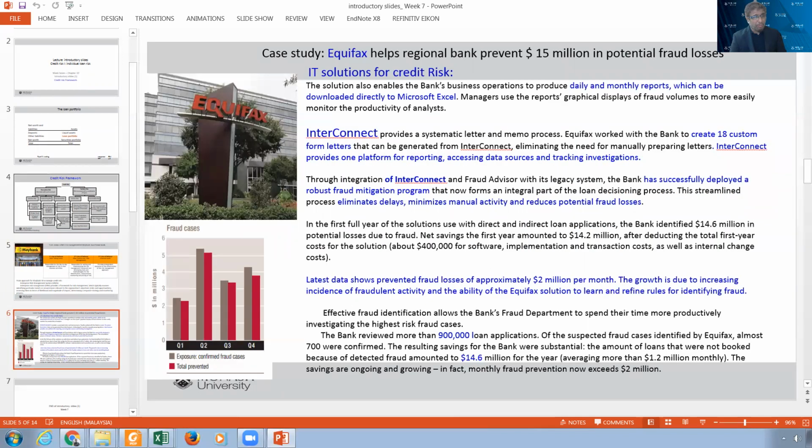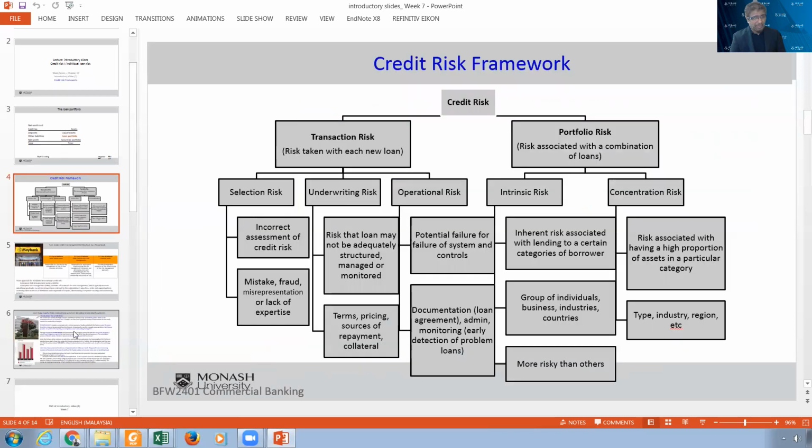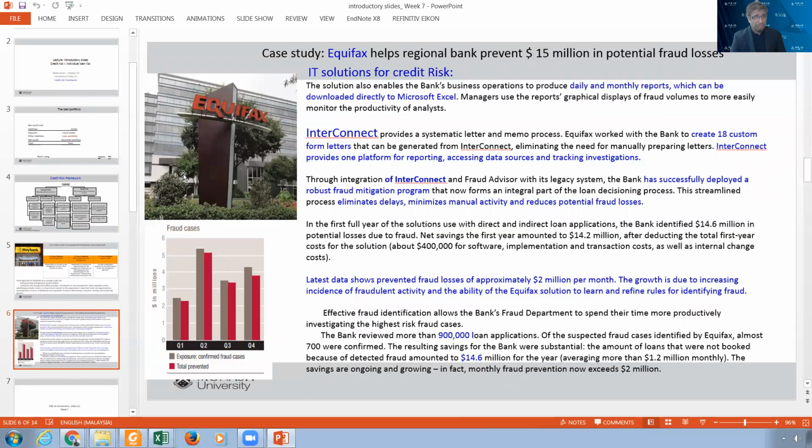When we talk here about operational risk, you can also have IT solutions. This is Equifax, a company in the US that provides IT solutions. These people developed an IT solution, and when this company got involved with a regional bank, they checked around 900,000 loans.